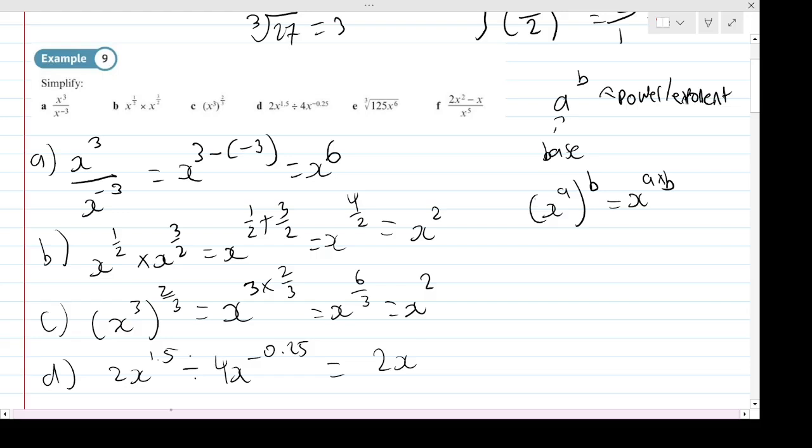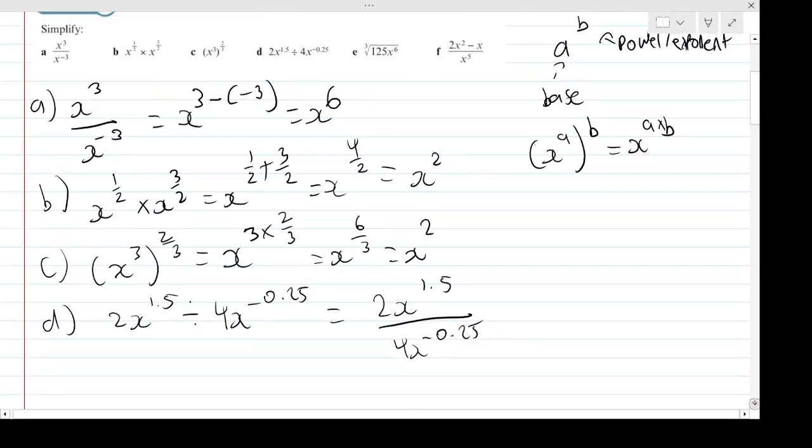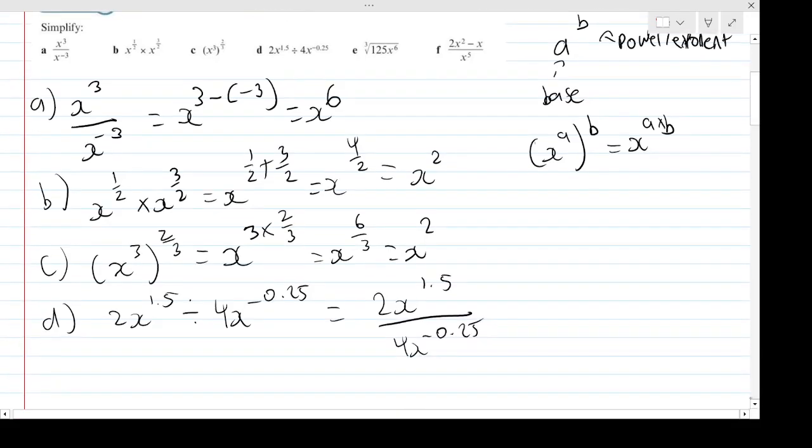So we can write this as a fraction of 2x to the 1.5 over 4x to the minus 0.25. That's just how we can flip from divisions to fractions, and it's best to do it here to really see what we can work with.